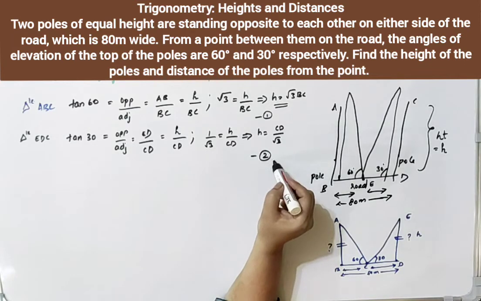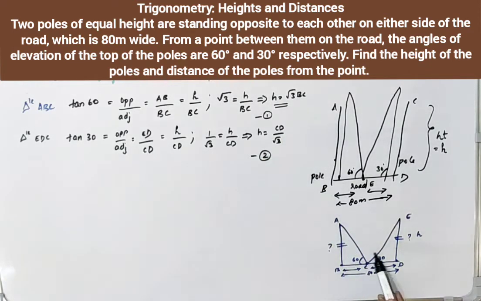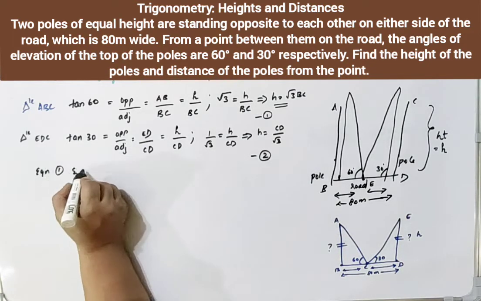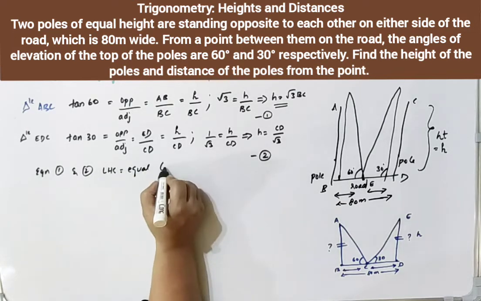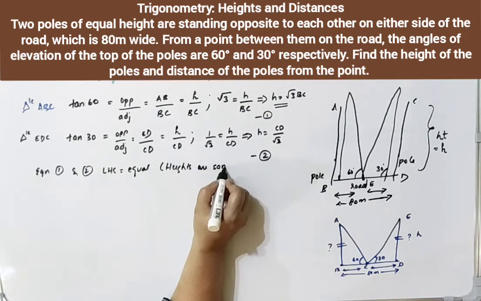From equation 1 and equation 2, height is same, right? Height of both the poles is same. So actually equation 1 and equation 2, LHS is equal. That is, heights are same.